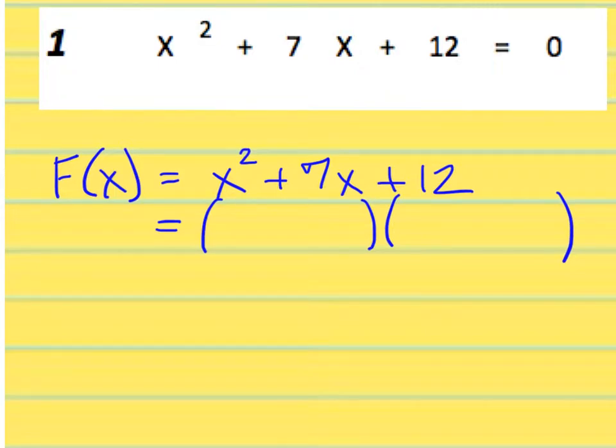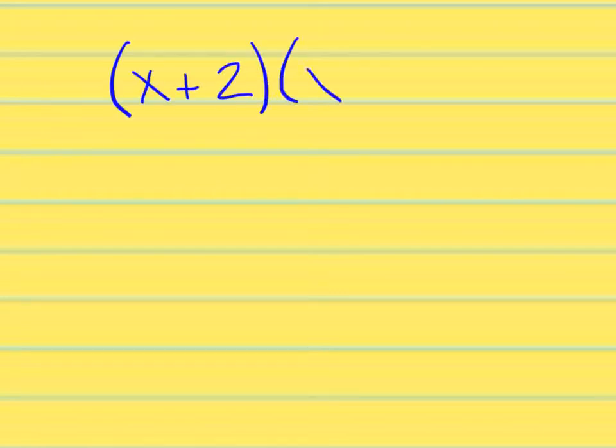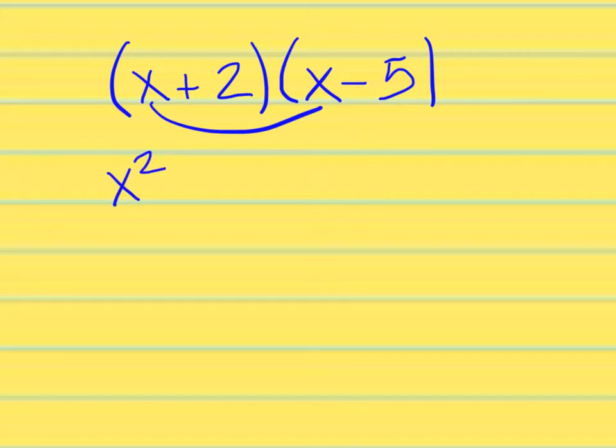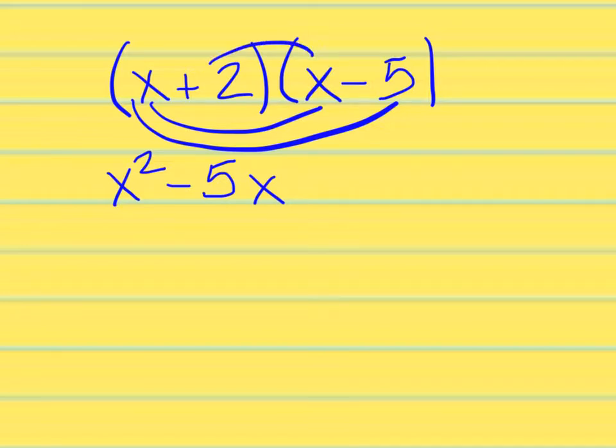For example, if I had x plus 2, x minus 5, and I multiply this out, I do these two items first to get x squared, then these two items to get minus 5x, then these two to get plus 2x, and then these two to get minus 10.